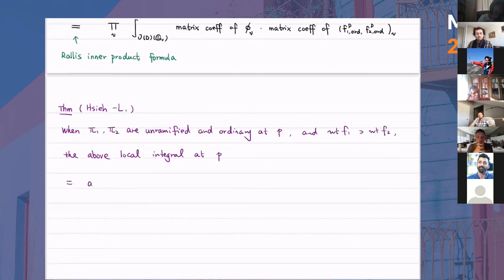So it's going to be a product of a root of unity, which is the scalar coming from the Weil representation, and a constant scalar, and then times a factor that involves the Satake parameters of pi1 and pi2.